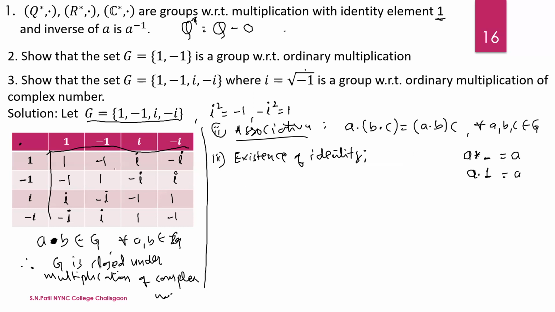Now see from the composition table, 1 into 1 is 1, -1 into 1 is -1. Suppose I into 1 is I, minus I into 1 is minus I. See here, this is the identity element such that we get A as it is. That is, 1 belonging to G is an identity element.